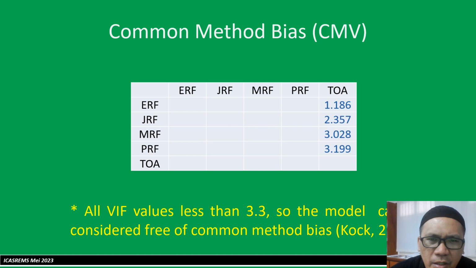Okay, the table shows the common method bias or CMB. This is the first step we need to analyze. We find that all VIF values are less than 3.3, so the model can be considered free of common method bias.